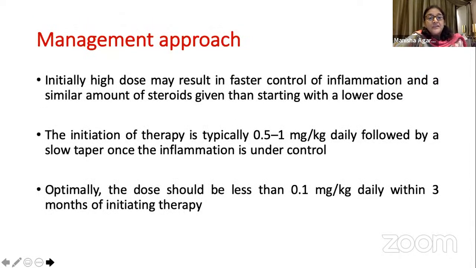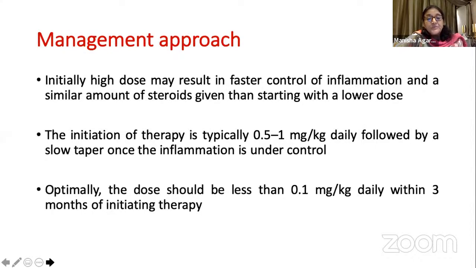Now, coming to the management approach, initially a high dose is used, which results in faster control of inflammation, rather than starting with a slower dose. The initiation of therapy is typically 0.5 to 1 milligram per kg body weight, followed by a slow taper once the inflammation is under control.